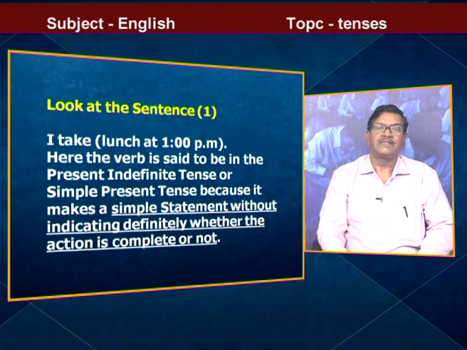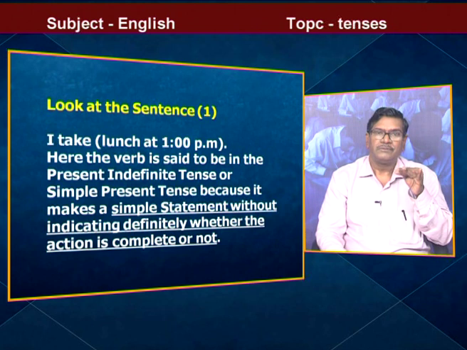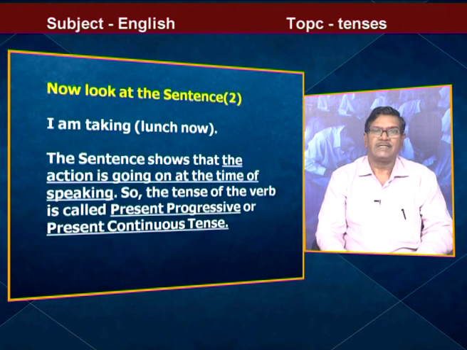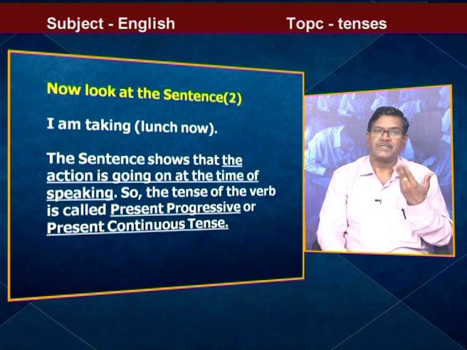Now, look at sentence 2, I am taking lunch now. That means the action is now in progress. The sentence shows that the action is going on at the time of speaking. So, the tense of the verb is present progressive or present continuous tense.